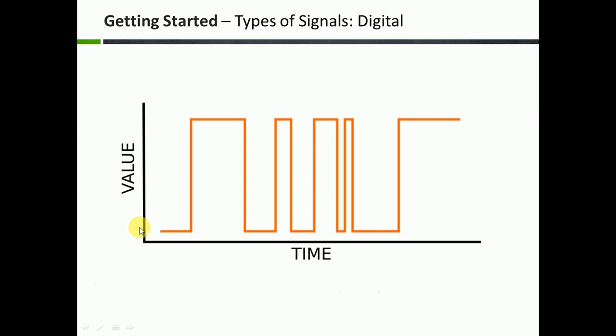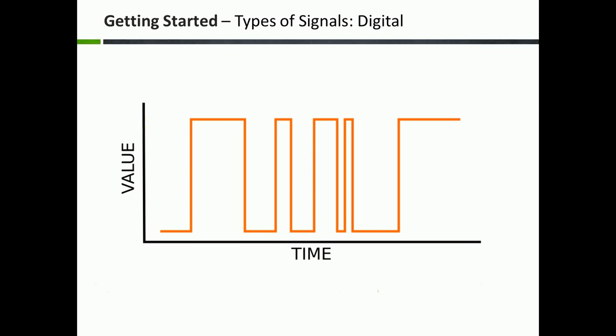One is a lower value, which you can refer to as 0, and the other is a high value, which you can refer to as 1. Now, those values do not necessarily have to be 0. As you can see here, deliberately, it's not starting from the x-axis. It's not touching level 0. It could be a lower voltage like 0.3, and level 1 could be a high voltage like 3.4 volts.